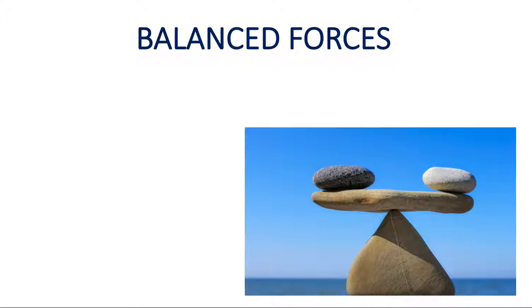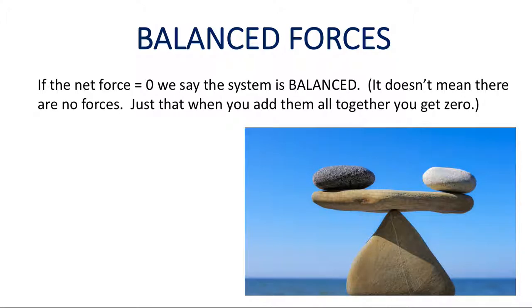We're going to finish today by talking about something called balanced forces. If the net force of a system is 0 in both directions, then we say the system is balanced. It doesn't mean there are no forces, just that when you add them all together, you get 0.